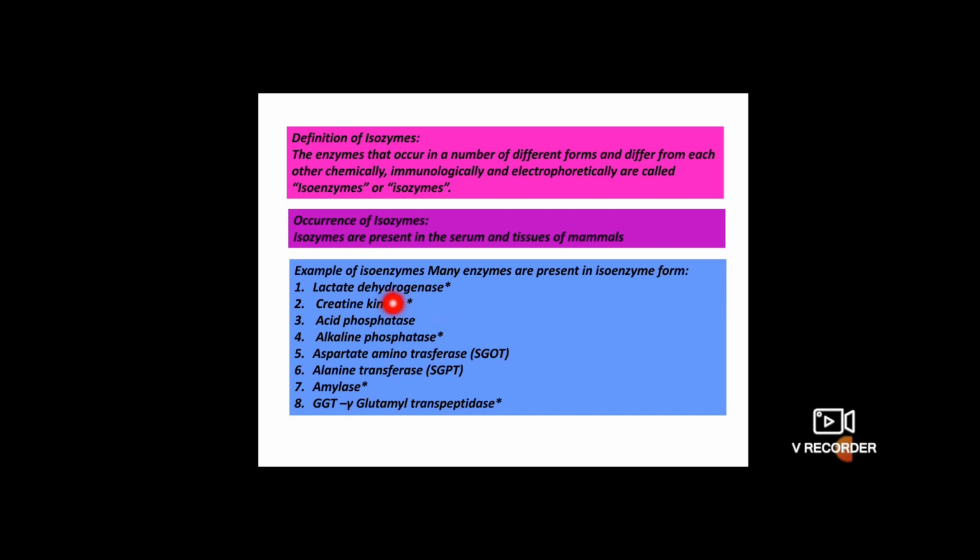Lactate dehydrogenase, creatine kinase is an isozyme, alkaline phosphatase is an isoenzyme, and gamma glutamyl transpeptidase is also an isoenzyme. One more example is amylase. The rest of them are very important enzymes used for diagnostic purposes. One is acid phosphatase, the other one is SGOT or SGPT. When you say SGOT, the other name is aspartate aminotransferase.